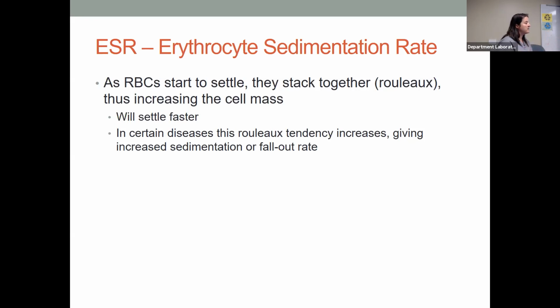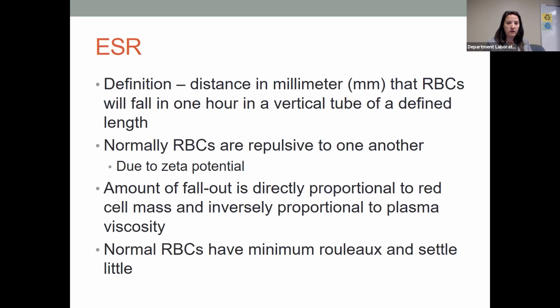You can think of it as the cells falling out, the cells settling, however you want to describe it. The exact definition of our ESR is the distance in millimeters that those red cells will settle in 1 hour. It's very important that you understand this. The rate at which those cells form rouleau and settle is directly proportional to the cell mass, right?